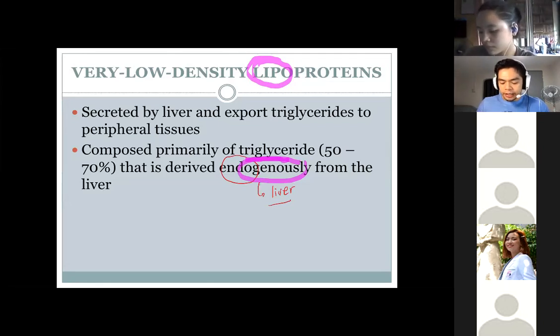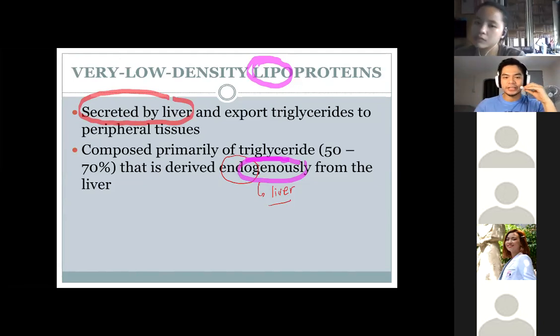That's why it's indicated that ang very low density lipoprotein ay eventually sinesecrete ng liver. Do you understand? Okay, so yun yung similarity at differences. Please observe the similarity and differences kasi magagamit din natin siya mamaya.